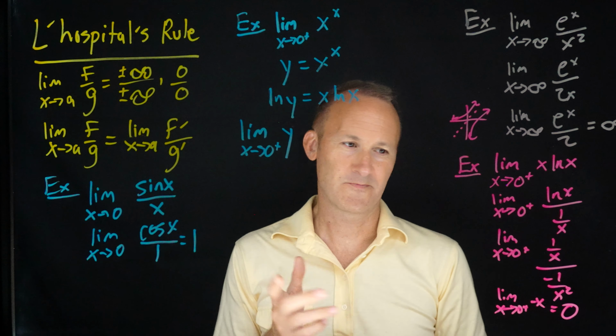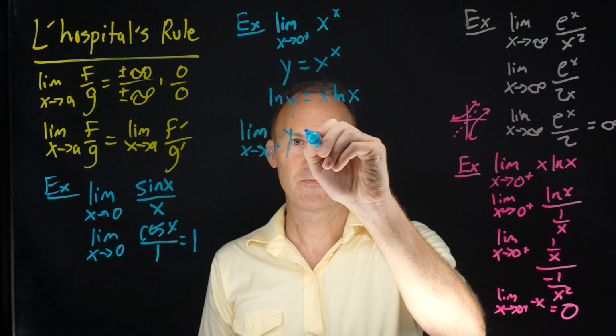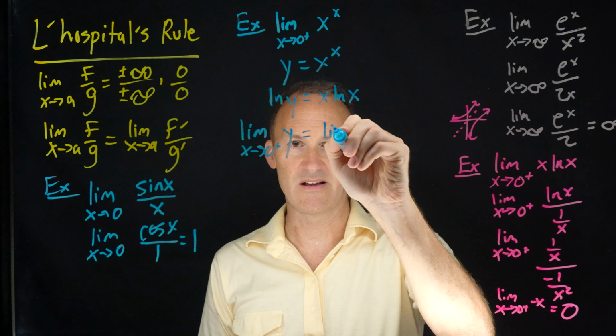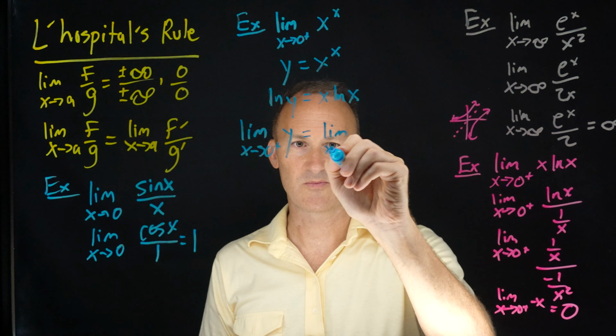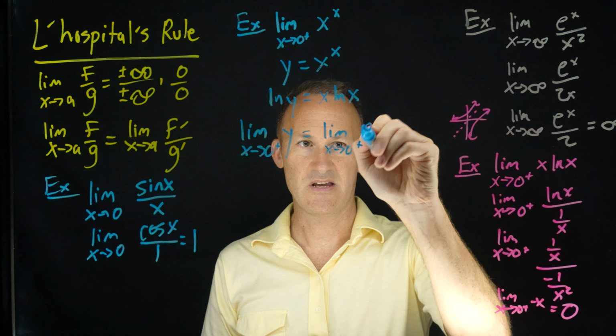You can rewrite y as the following. You can rewrite it, keeping the limit as x approaches 0 from the right, of e to the natural log of y. Because the e and the ln would in fact cancel out there.